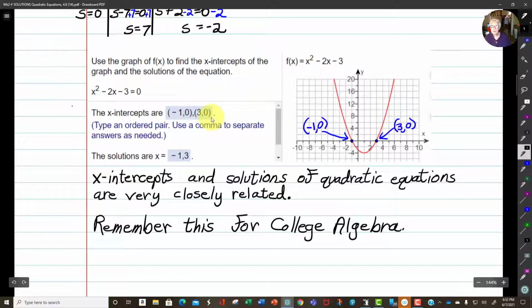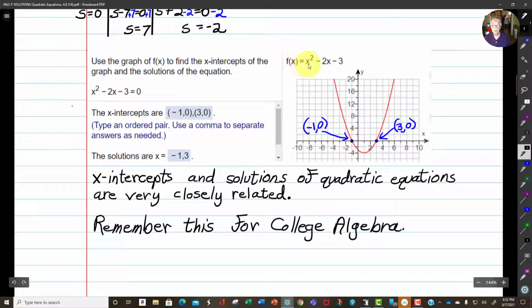Negative 1, 0 and 3, 0 are the x-intercepts. But it just so happens that the solutions to x squared minus 2x minus 3 equals 0 are negative 1 and 3.